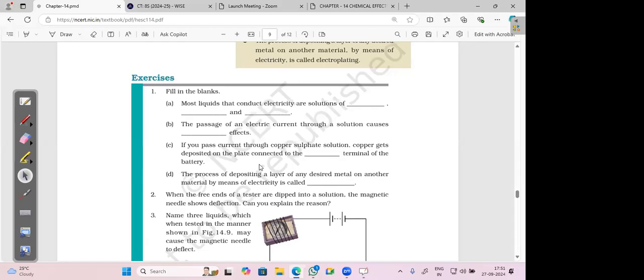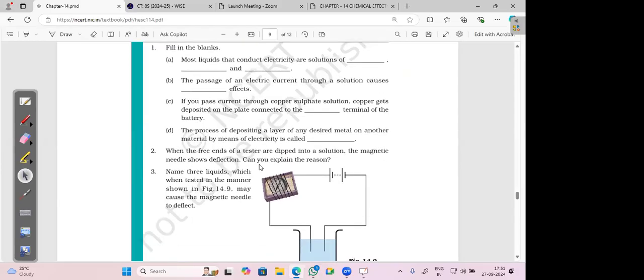The process of depositing a layer of any desired metal on another material by means of electricity is called electroplating.